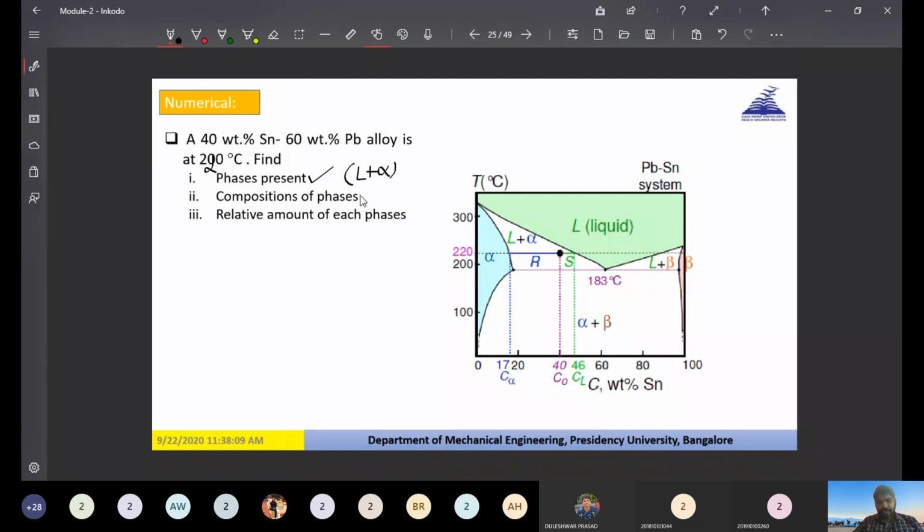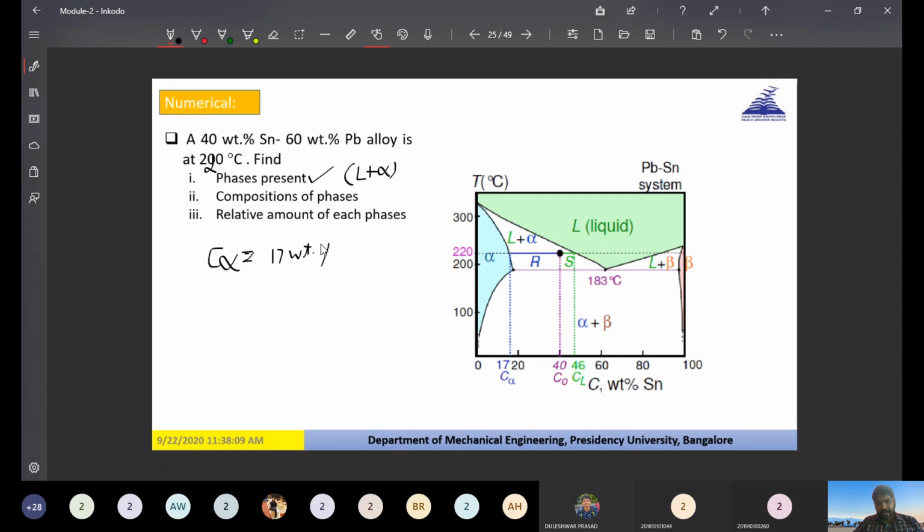So here you can see we have two phases, and for the composition of phases, let us first write the composition of the alpha phase. The composition of alpha phase will be equal to 17 weight percent.